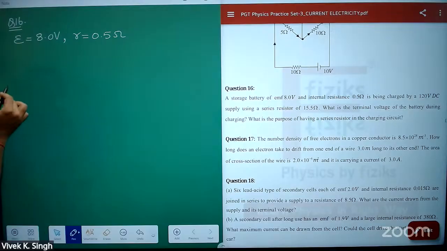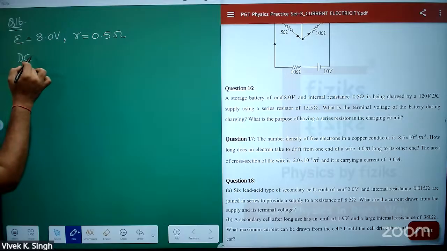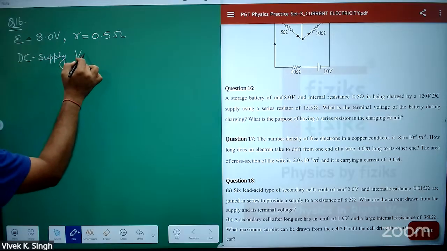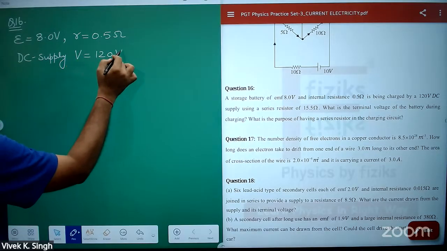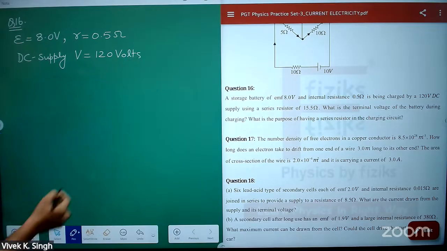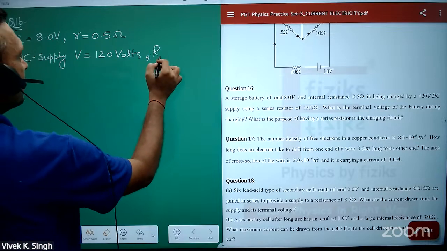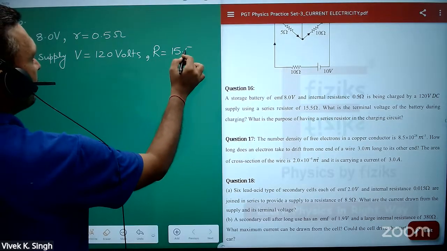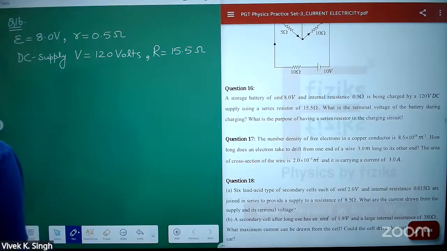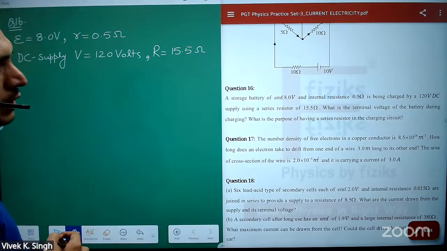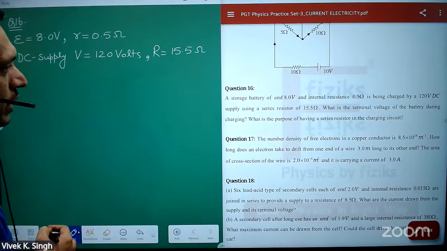And there is a DC supply, V is equal to 120 volt, having a series resistor of 15.5 ohm. Series resistor is 15.5 ohms. So what you have to find: what is the terminal voltage of the battery during charging?